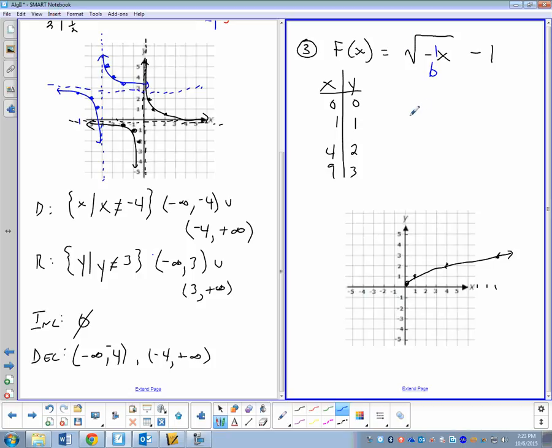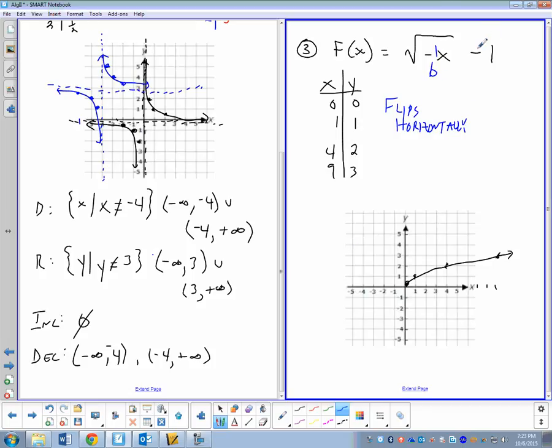So if my B value is -1, what does that do to my graph? Remember that B, if it's negative, flips your graph horizontally, meaning whatever is on the right side of your graph is going to flip over to the left side of your graph. So again, B flips my graph horizontally.